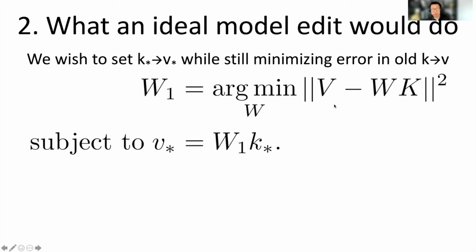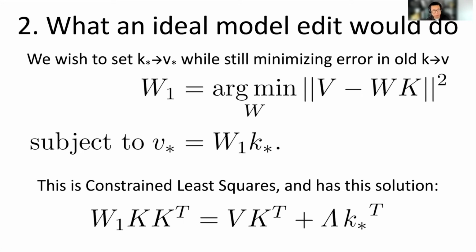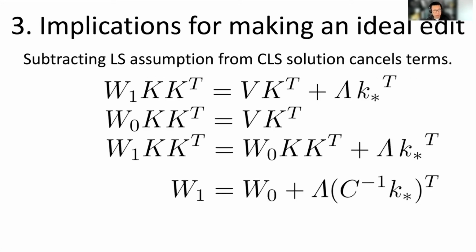But I still want to keep my original mapping. I still want to map sky to sky, door to door. I don't want to change anything else. I want to keep my original mapping, but add a new hard constraint. If you work out the math, it's just a constrained least squares. I will skip some of the method.